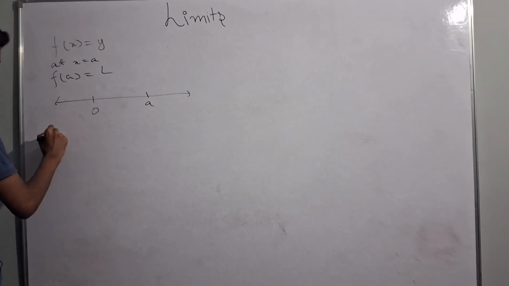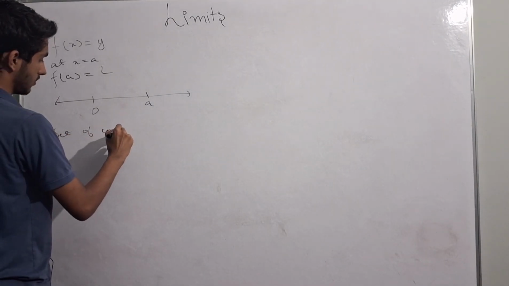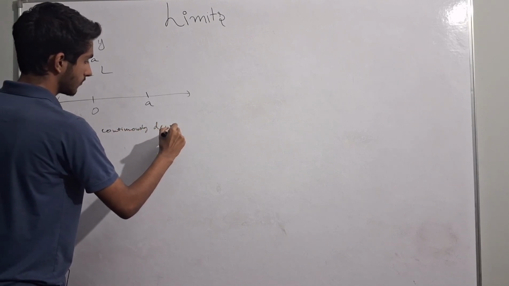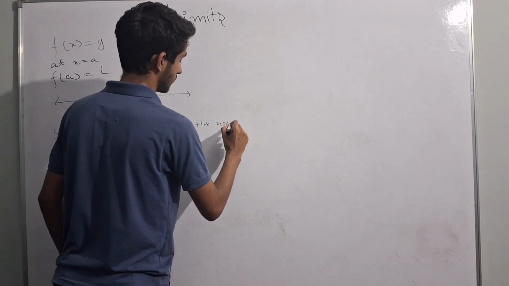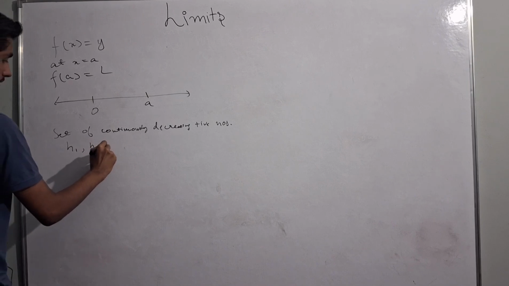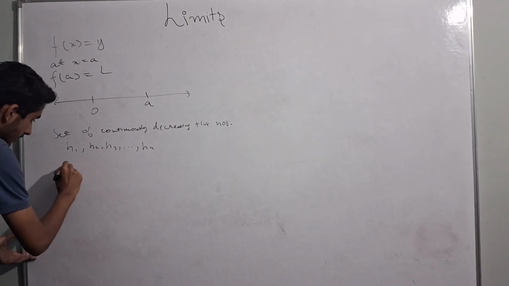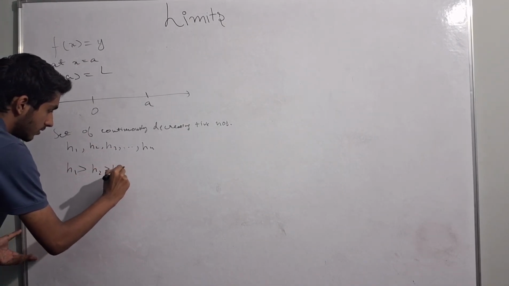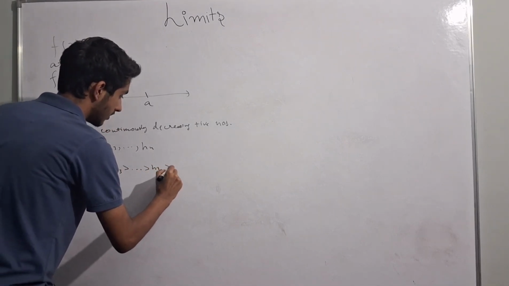And let's take a set of continuously decreasing positive numbers h1, h2, h3, and so on up to hn, such that h1 is greater than h2 and h2 is greater than h3, and so on up to hn, and hn is greater than 0.